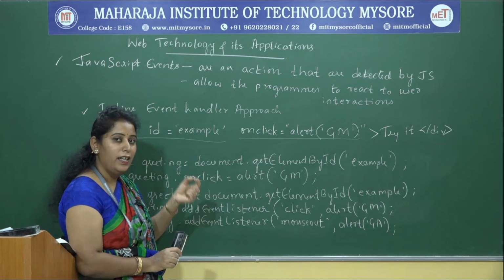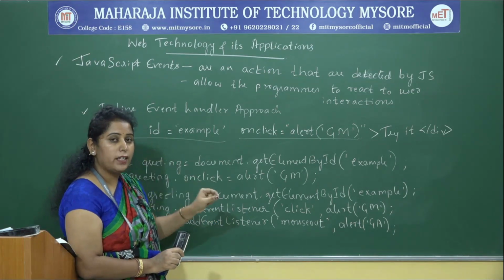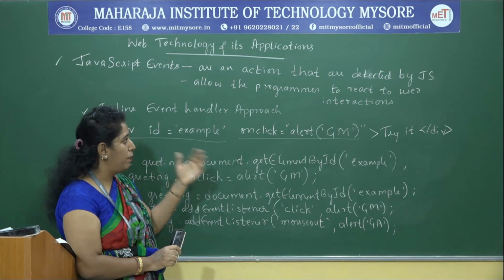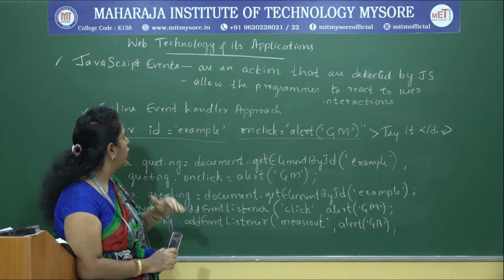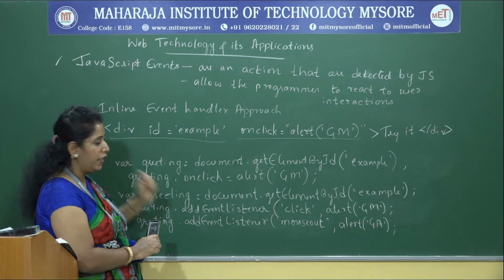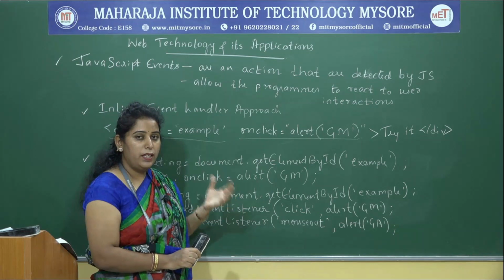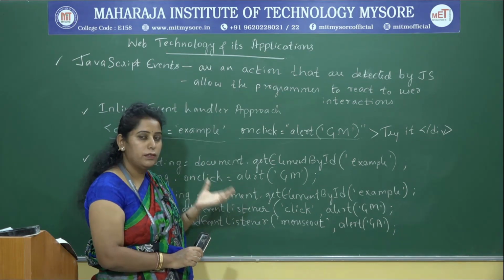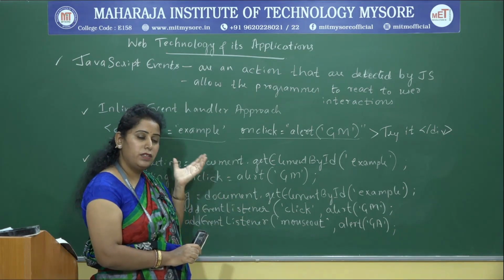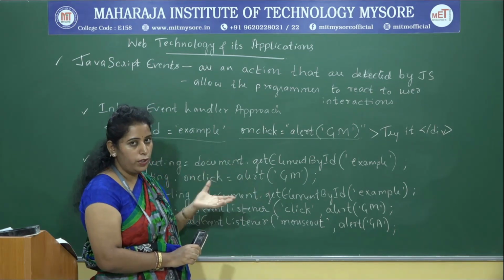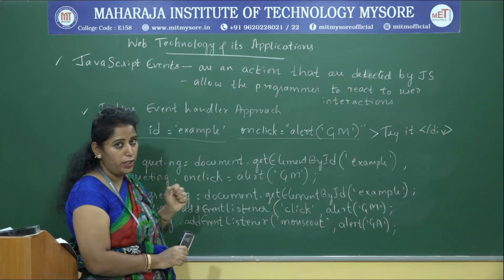In the sense, the user is going to click, so that is one interaction between the application and the end user. That is what a JavaScript event is. In earlier days of development, JavaScript code as well as HTML code were both woven together, in the sense combined together.